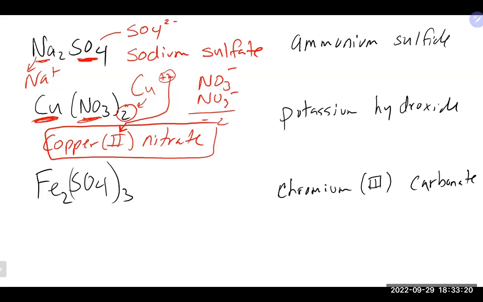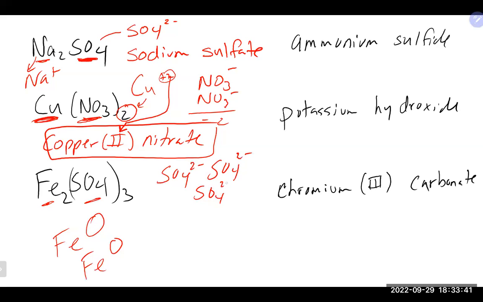And looking at the last one here, we have iron, which is a transition metal. We have sulfate, once again, which is a polyatomic ion. So here we actually have not 1, but we do have 2 of the irons. And we've got 3 of the sulfates, each at basically -2. That gives us a -6, which means in this case, each of the irons is a +3 to balance it out.